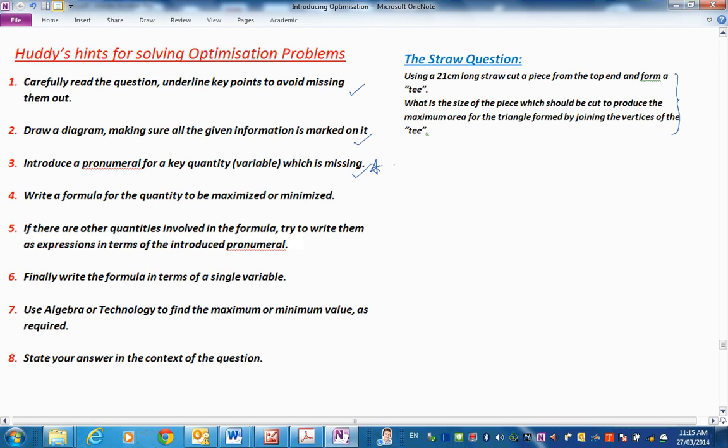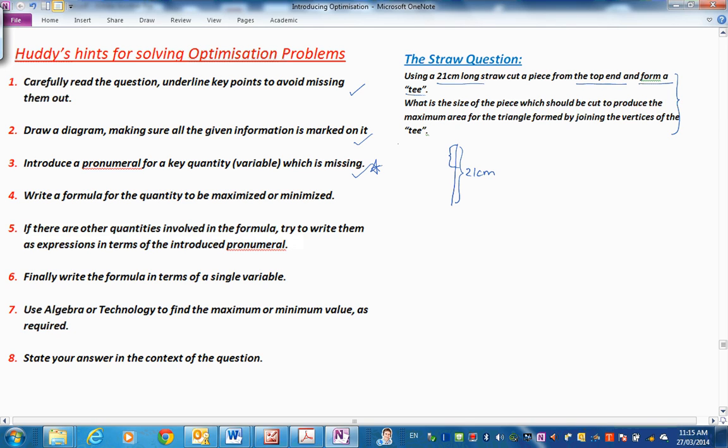So let's do it here. Here we are, 21 centimetre straw. We're going to draw it now. And we're going to cut off a bit from the top. Well, here's our diagram. What is the size of the piece which should be cut? So 21 centimetres, cut from the top end and form a T. So I'm going to underline all that.